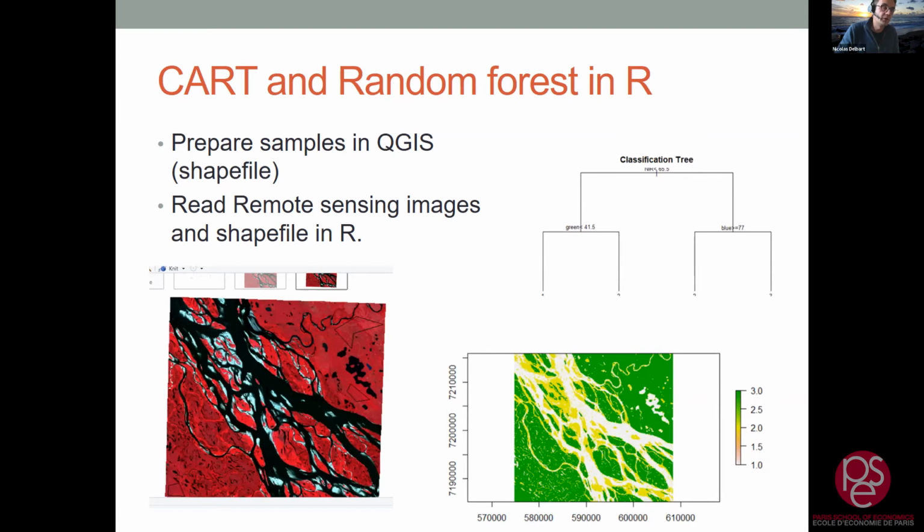Of course it's better, but with random forest you can include pixels which can be a bit different spectrally speaking, because the class can be multimodal, for example.